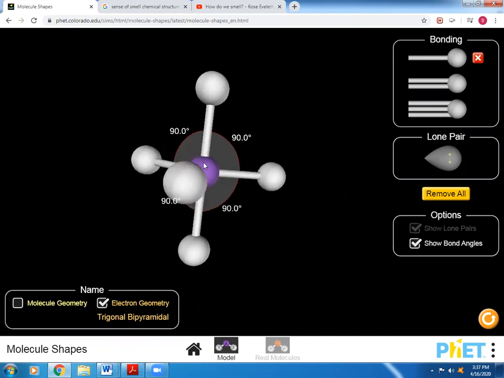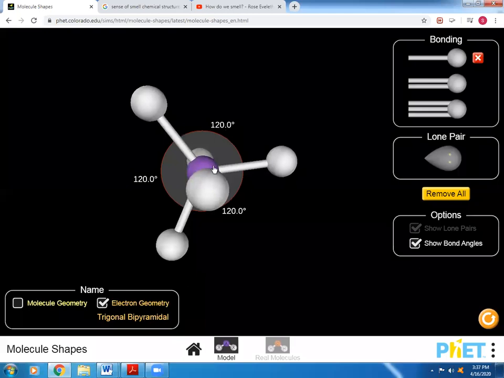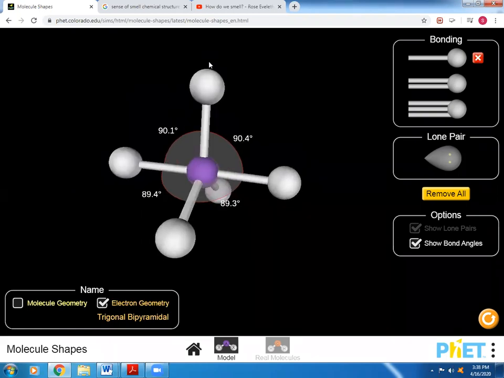But in between, you have 120. The name of this is called trigonal bipyramidal. The reason why it's called trigonal bipyramidal is because you have a trigonal. Trigonal means from 3, a triangle base. But it has 2 pyramids.